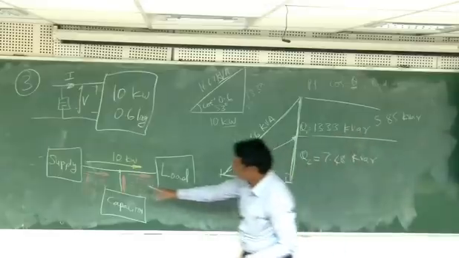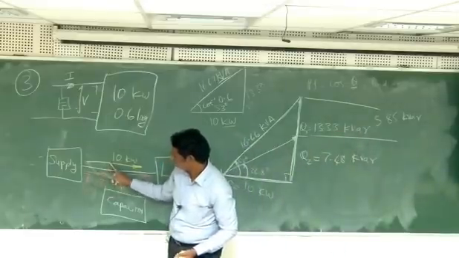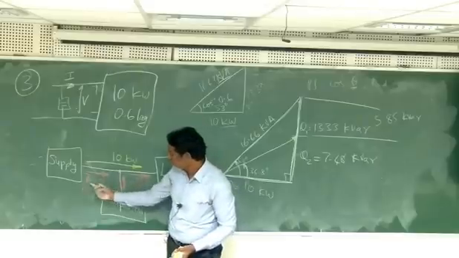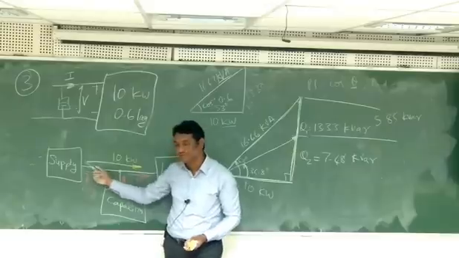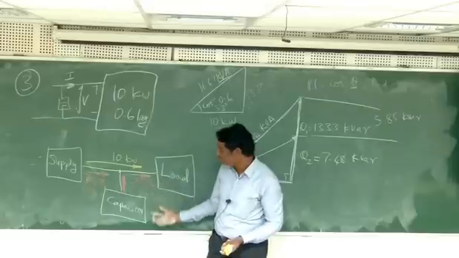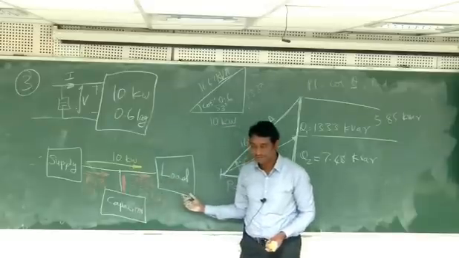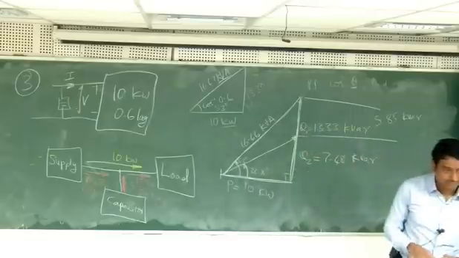So this part of the wire carries less current magnitude because only 7.48 kVAR and 10 kilowatt are going. According to that, the current will be lesser. In this part, the current will be more. So the capacitor will be near the load, and effectively we are reducing the current on the line.